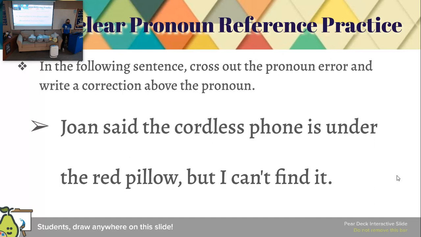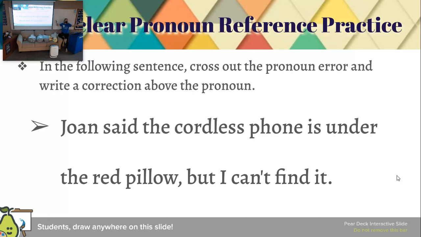Million. It. Okay, it is our pronoun error. Can anybody explain to me what error is happening here? Yeah, Million, go ahead. Yes, we don't know what it is talking about. It has 2 possible antecedents. Is it talking about the phone or is it talking about the pillow?